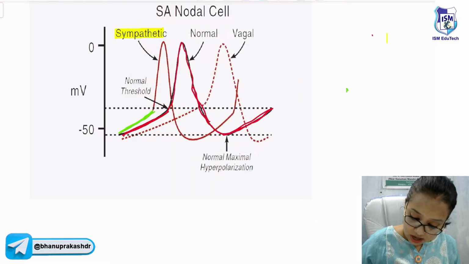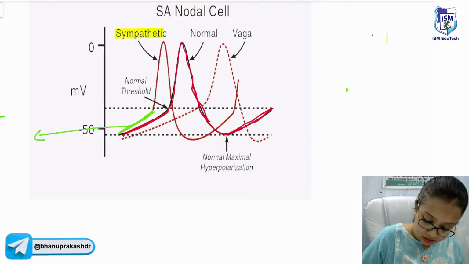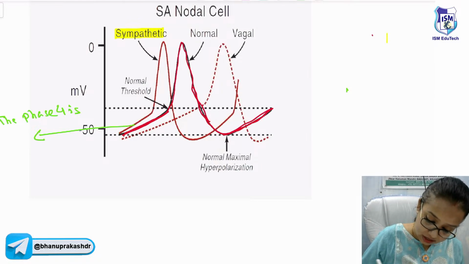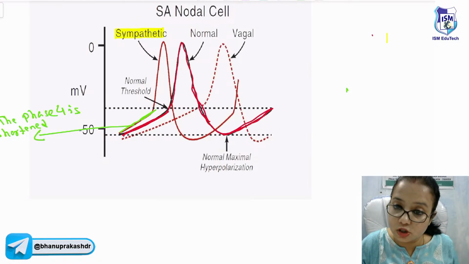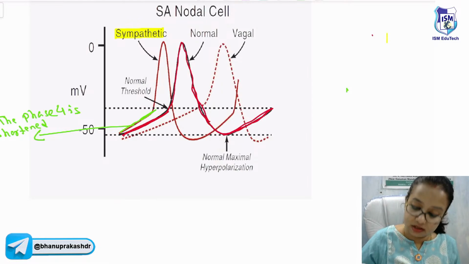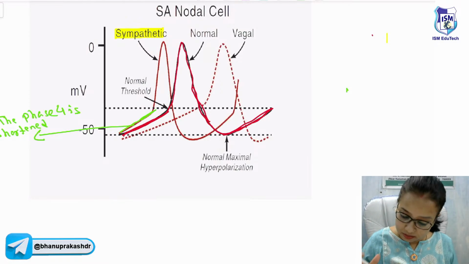So here you see under the activity of the sympathetic nerve, the phase 4 is shortened. The peak is taller, the rate is higher, and the duration is reduced compared to the normal heartbeat.